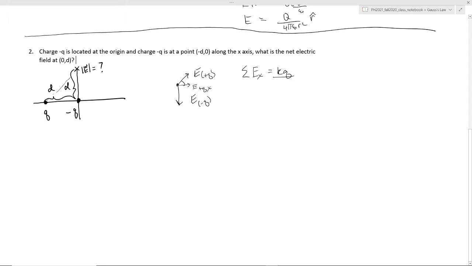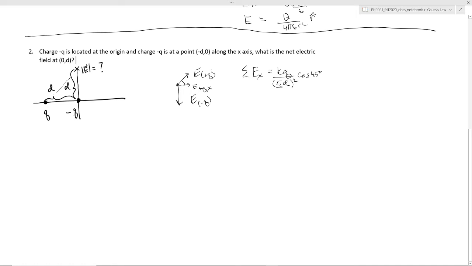So this would look like square root of 2 times d squared. And then we would multiply this by, we just want the x piece, so this would be cosine theta. And we know that that angle is going to be 45 degrees because those lengths are the same.